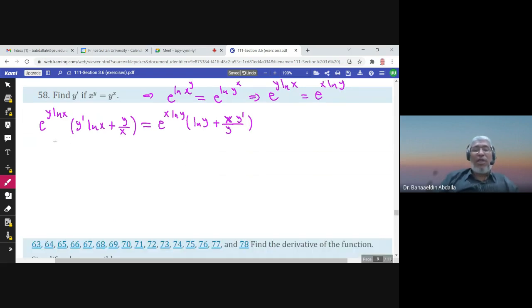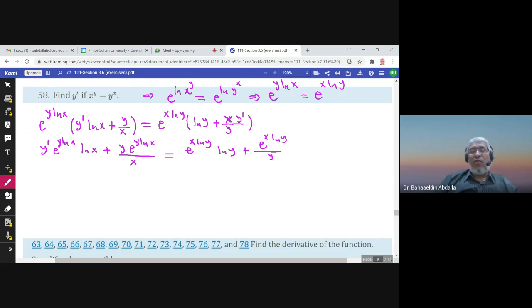Now I need all the terms that have y prime. So this one, y prime times e to the power y ln x times ln x, plus y e to the power y ln x over x, expanding, equals e to the power x ln y plus e to the power x ln y over y times x y prime.